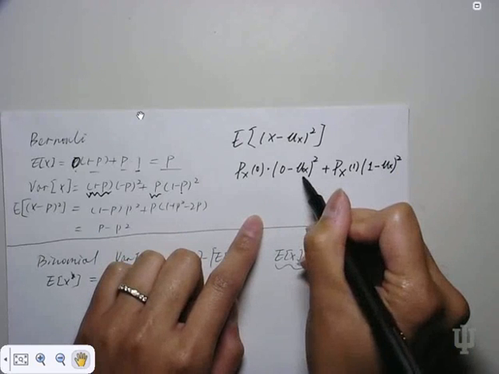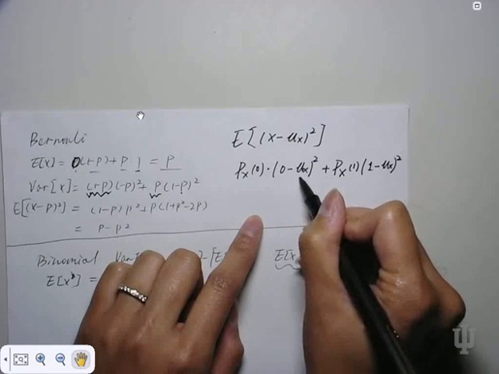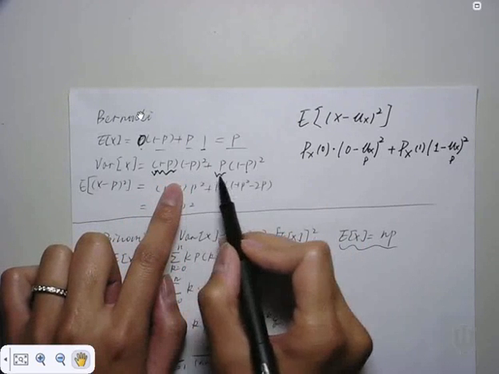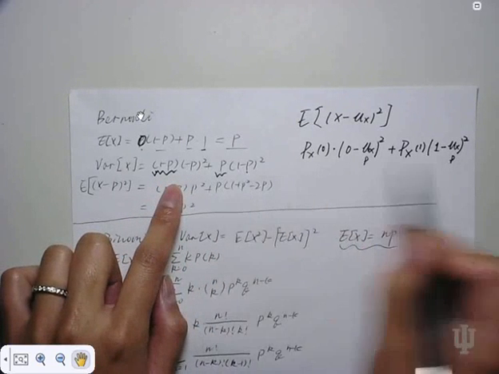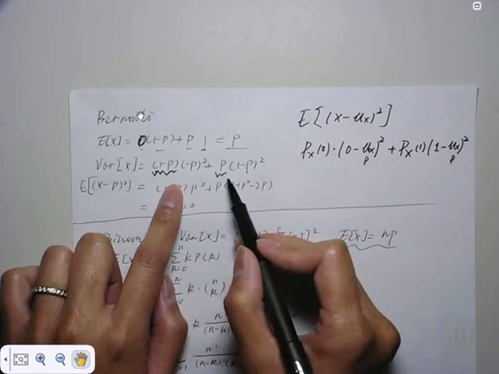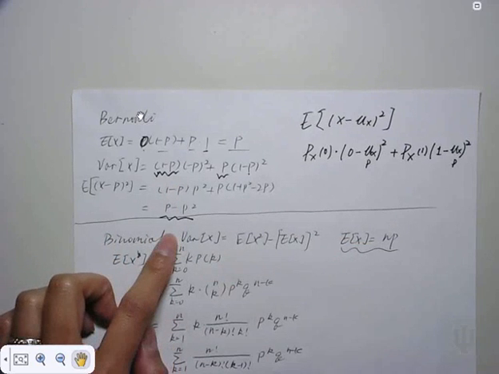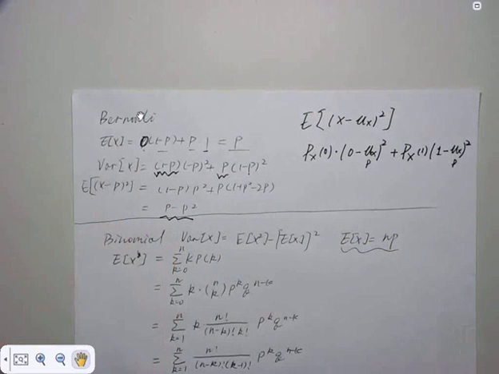And thus it is p. So that's why it's 1 minus p times p squared plus p times 1 minus p squared, right? And that will give you p minus p squared as the variance of a Bernoulli random variable.